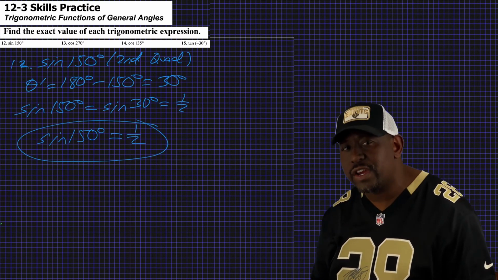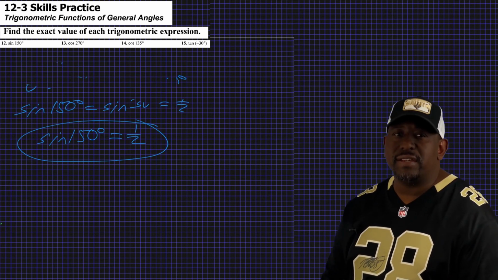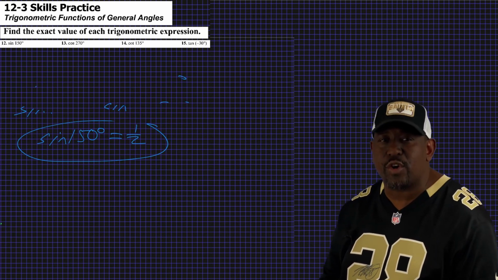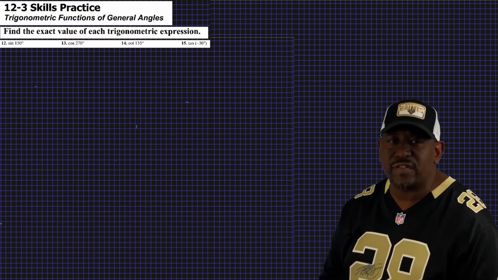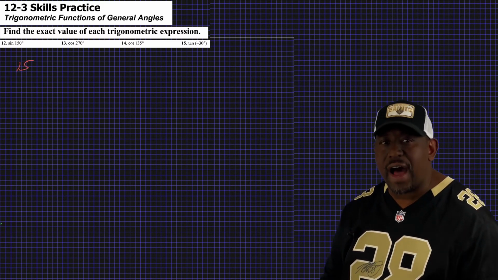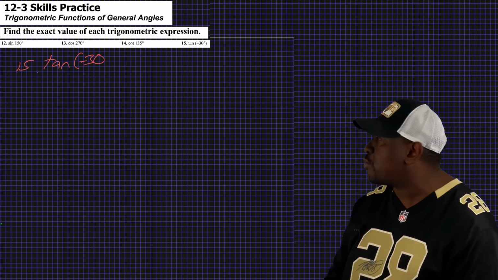Basically what this teaches you is the values between 0 and 90 we kind of memorize, or there's a table you can get for finding the sine or cosine or tangent measures for degrees like 30, 45, 60 degrees. That's important, and that's what we use as our reference.